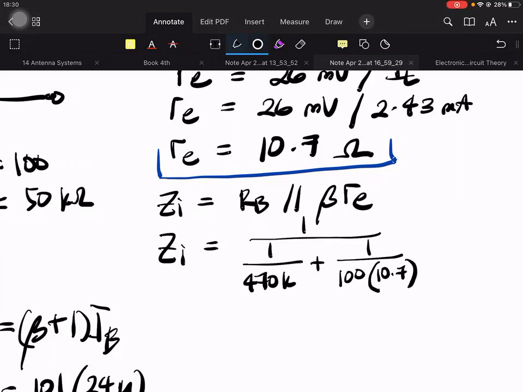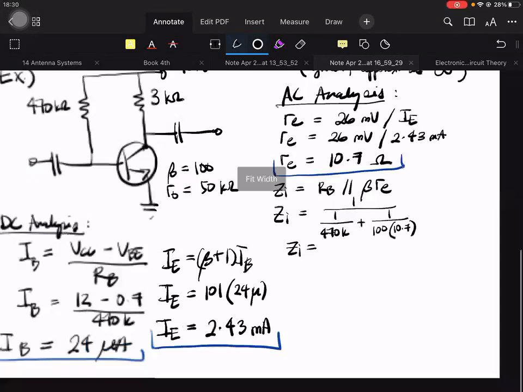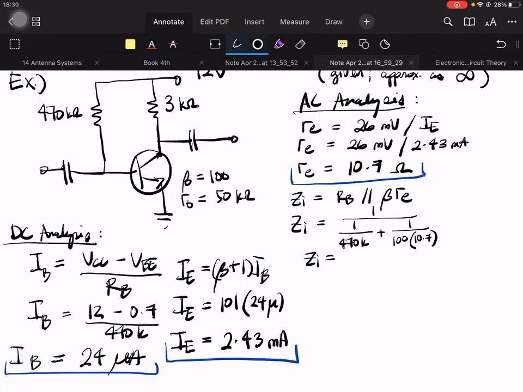Therefore, ZI is equal to 1 over 470K plus 1 over 100 times 10.7. So that's about 1.07 kilo ohms, or 1.1.